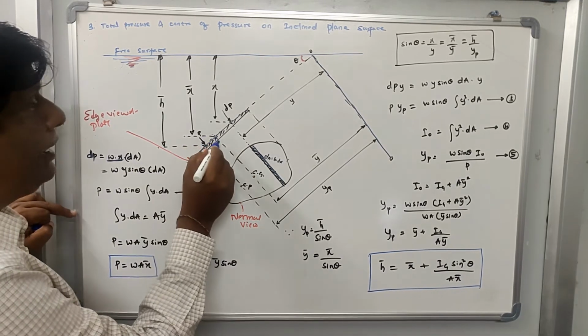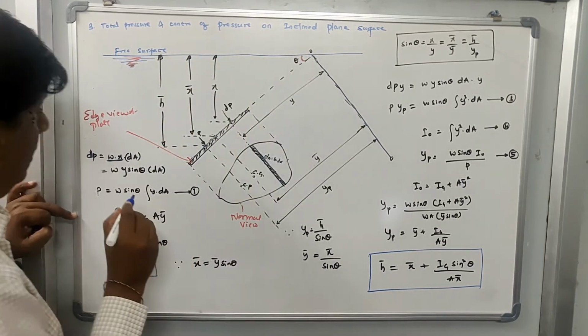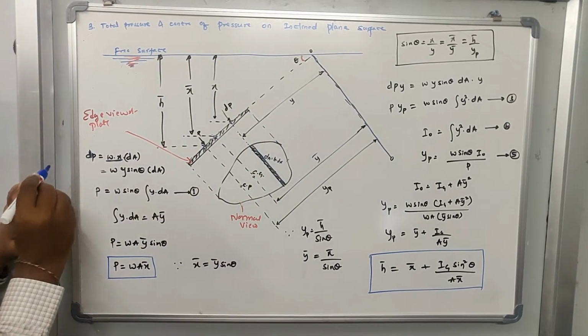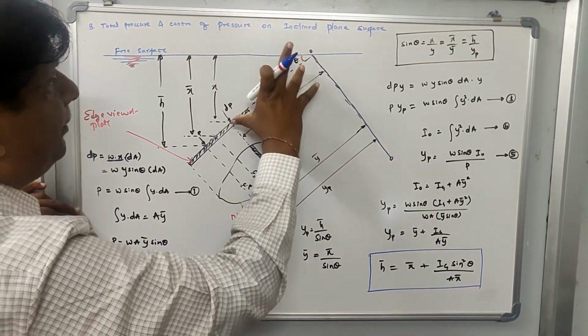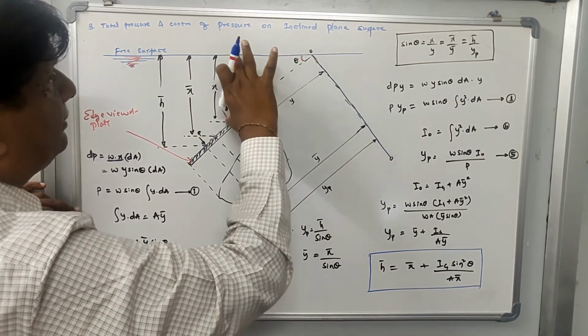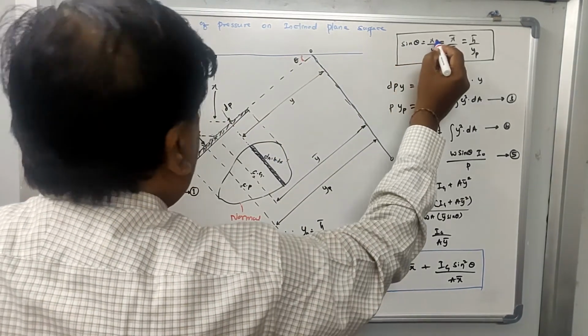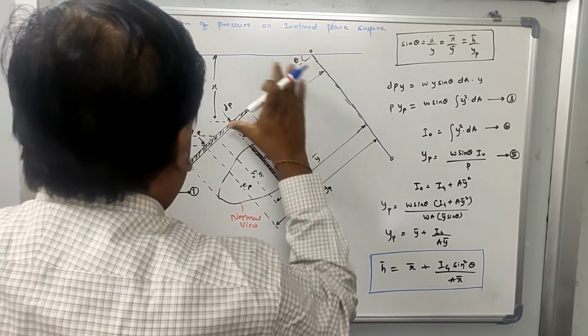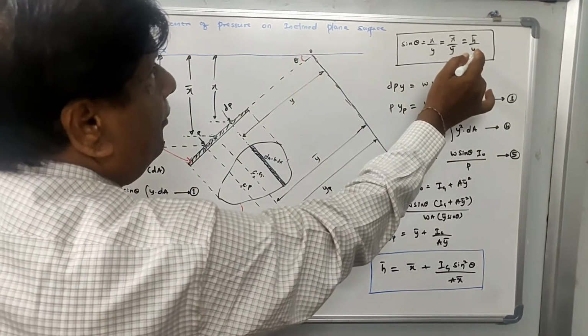Now this plate makes an angle of theta with the horizontal. So what is x? Let us take sin theta is equal to x divided by y, x bar divided by y bar, or h bar divided by yp.